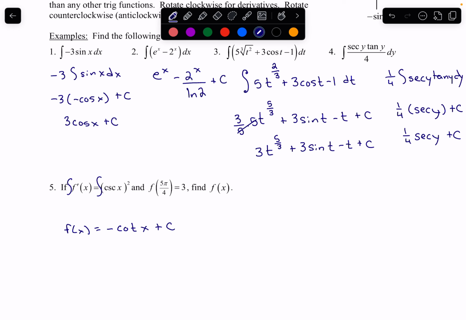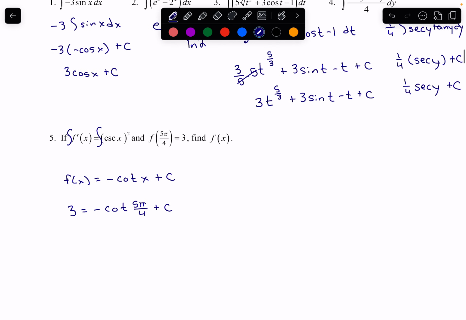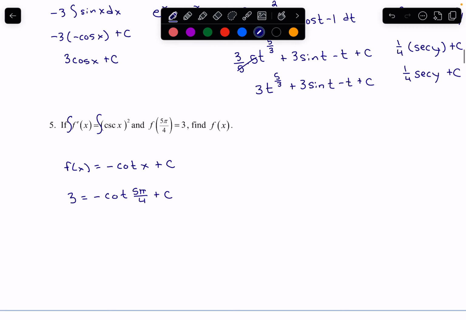Now it gives me an initial condition so I can solve for c. So I'm going to put a 3 over here, and that equals negative cotangent of 5/4 plus c. Now cotangent is cosine over sine.